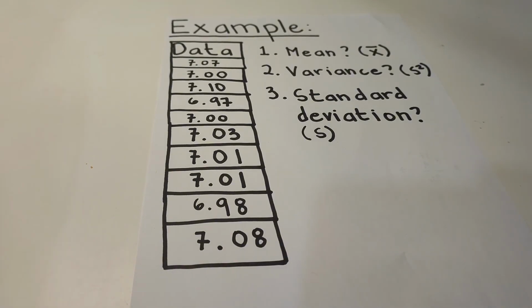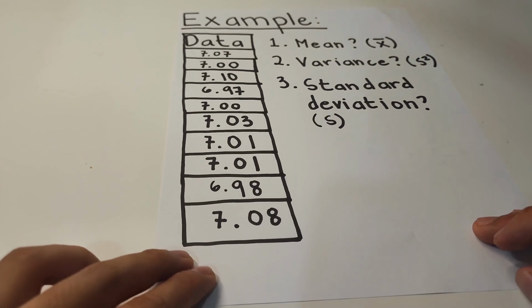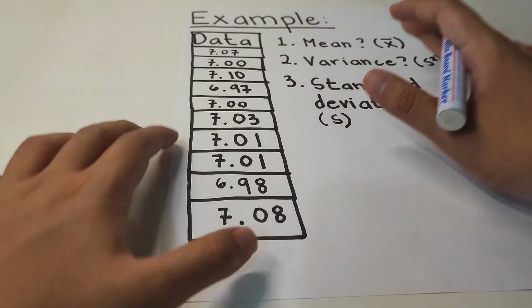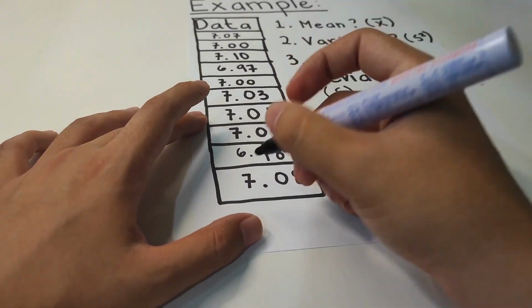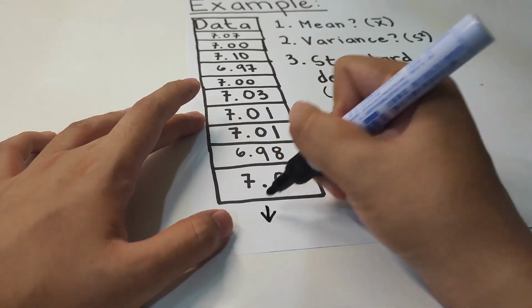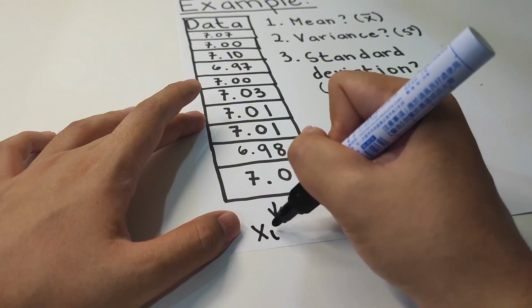Now, let's try an example. Here on your left is the given data. Once again, the symbol for this is xi.